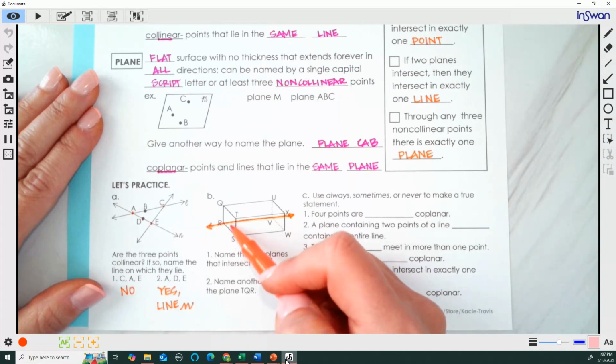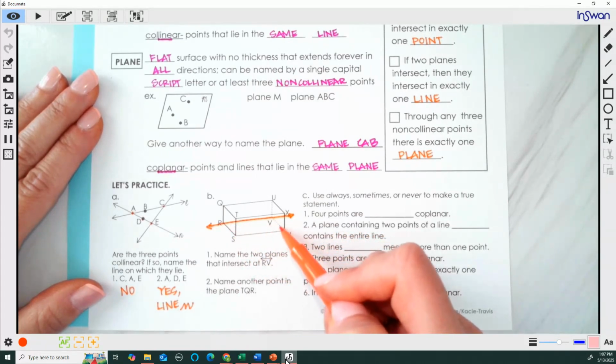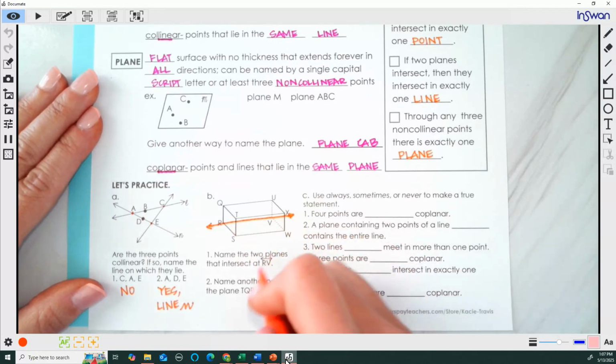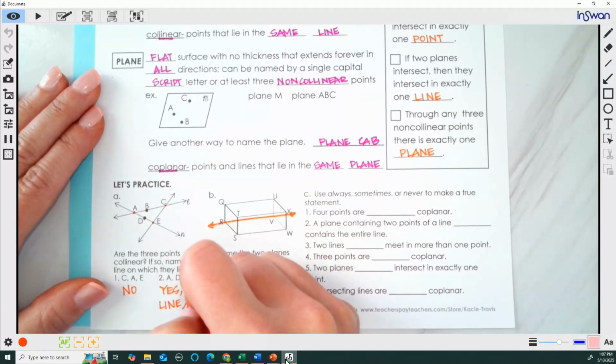So we've got our bottom down here. If you can imagine the bottom of the plane, that is going to be a plane.